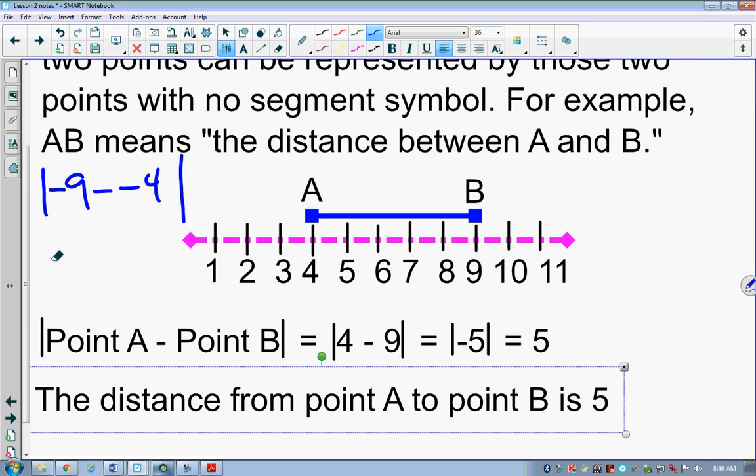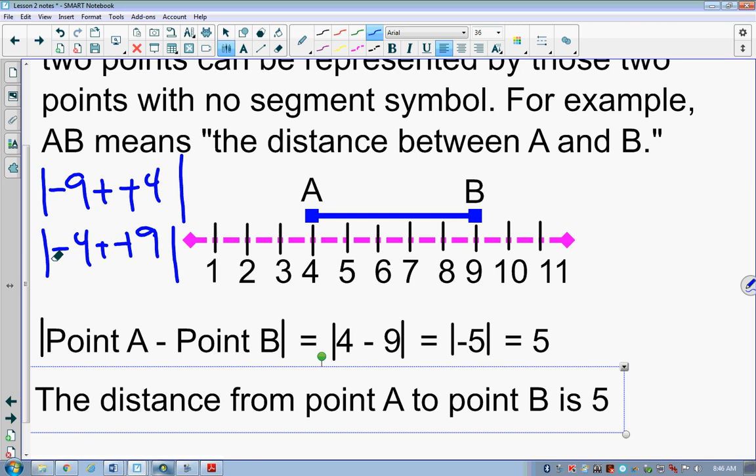Well, 2 minuses there are going to be plus. What's -9 plus 4? -5. What's the absolute value of -5? 5. If we did it the other way around, we'd have the absolute value of -4 minus -9, that would still be plus. What's -4 plus 9?